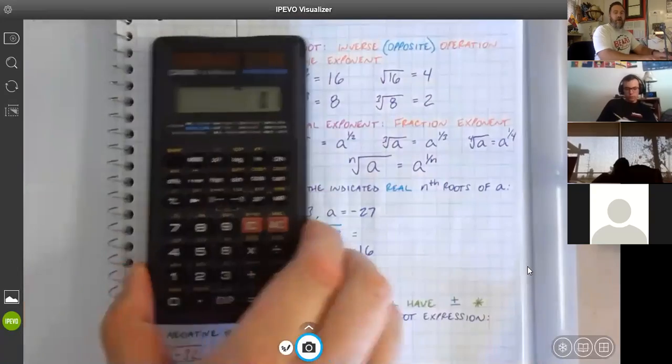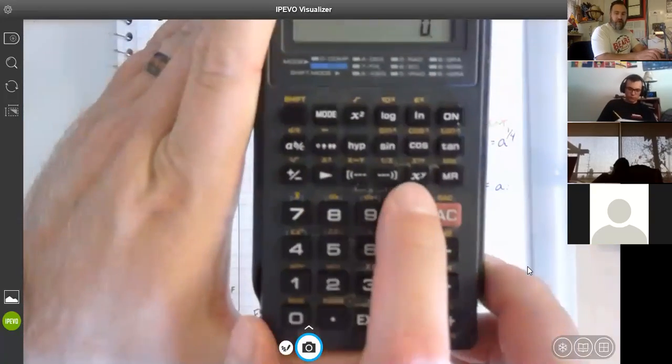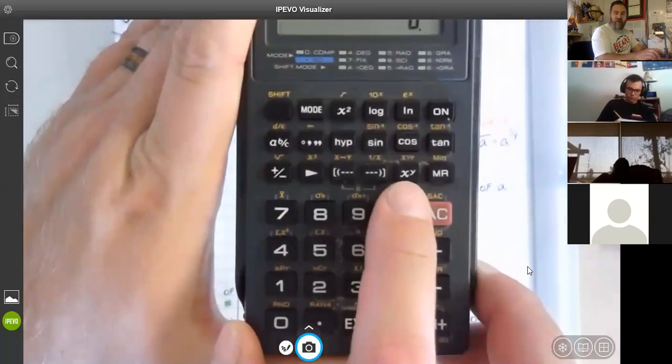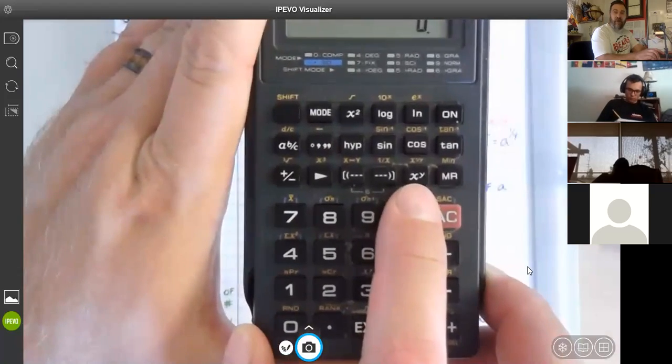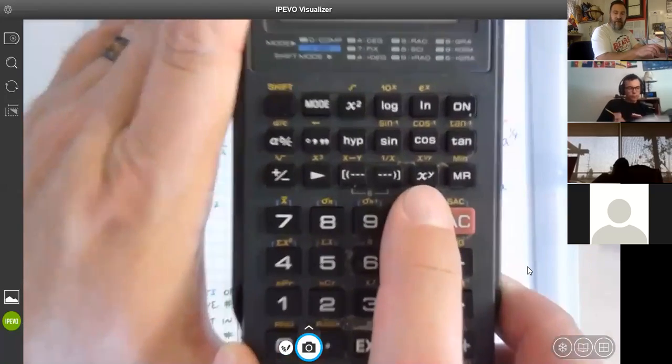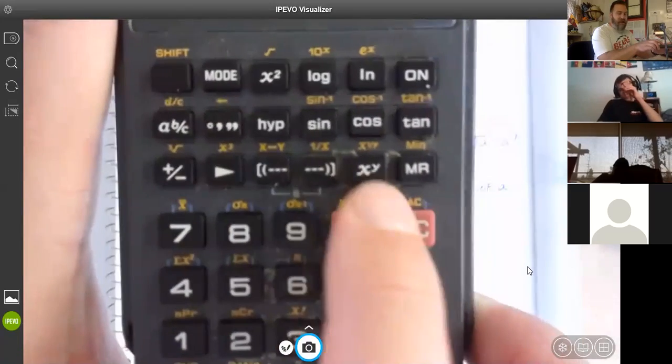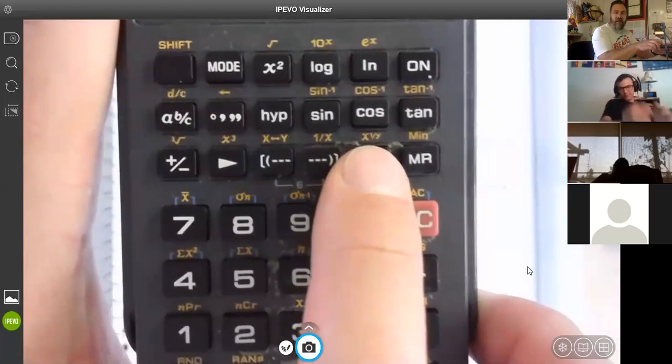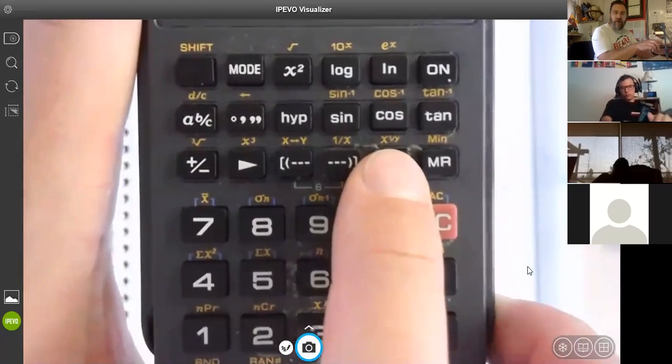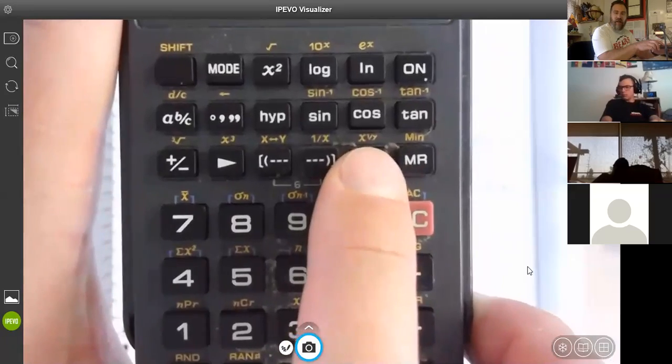And I want to draw your attention to this button again. In section 4, we focused on this button to customize our exponent, right? And if I zoom in a little bit closer, you'll notice in yellow here, these secondary functions. Most of your scientific calculators will have these sorts of secondary functions.